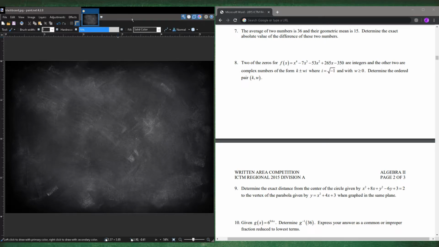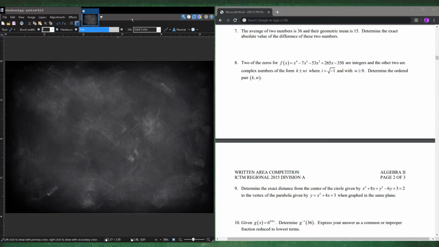So basically, if you want to find the zeros, you could just do a graphing. If you're using a calculator for a contest, because this is allowed, you could just plug the equation into your graphing and then find the zeros. So x to the power 4 minus 7x cubed minus 53x squared plus 265x minus 350.